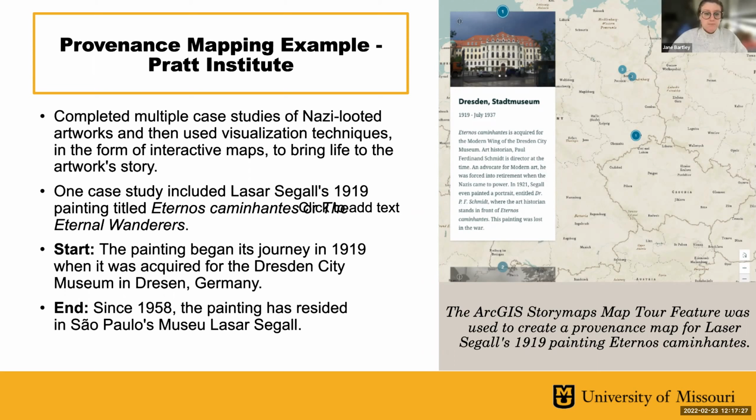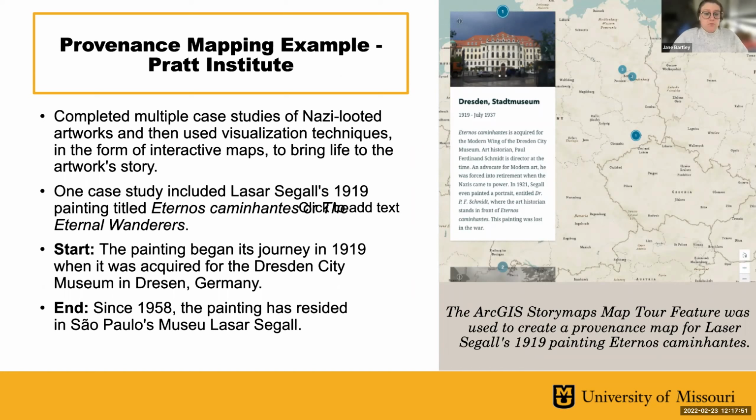Something else that's really interesting to me about this example is how an object's journey can take it all over the world. In this case, the painting's origin is 1919 in the Dresden City Museum, but then it ended its journey in 1958 at the Lazar Segall Museum in Sao Paulo, Brazil.